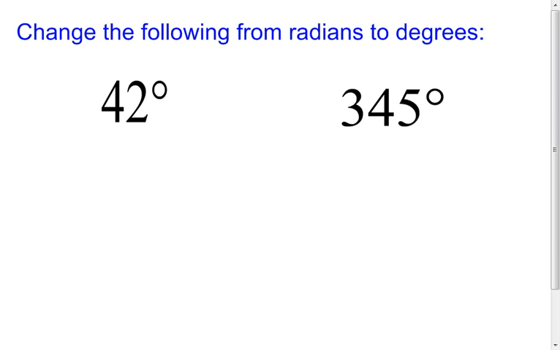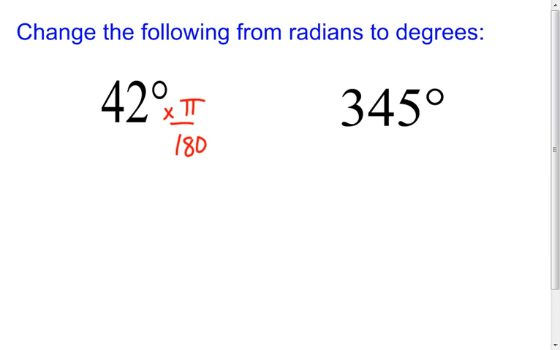Then of course if we go the other way around, you will multiply by pi over 180. And you can use your calculator for this to get exact answers, which is probably what we would prefer. But to do that, you're going to ignore the pi for right now, and you're going to reduce the fraction 42 over 180.